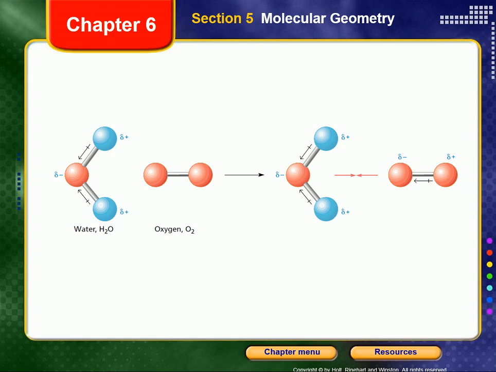The positive pole of a water molecule attracts the outer electrons of an adjacent oxygen molecule. The oxygen molecule then has an induced negative pole on the side toward the water molecule and an induced positive pole on the opposite side. The result is an attraction to the water molecule, as is shown in Figure 6-27 on page 192 of your text, or on the screen now.